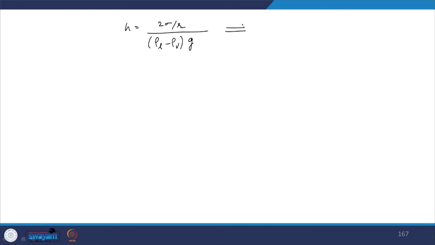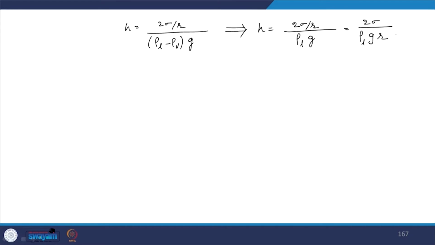If we neglect the density of vapor with respect to the density of the water, this expression reduces to h equals 2 sigma by r divided by rho L times g, or 2 sigma by rho L g r.